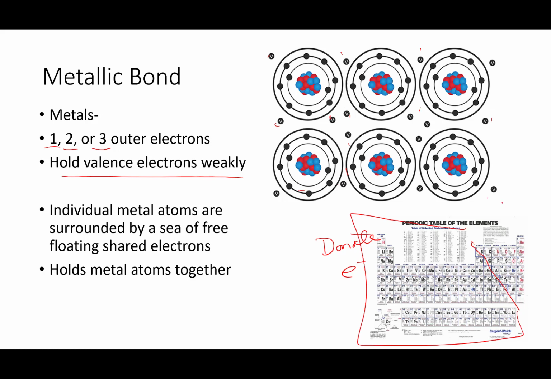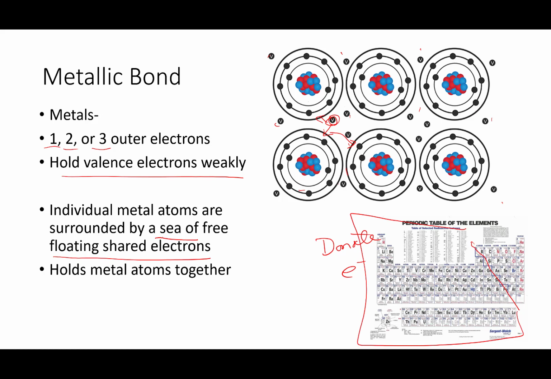If you have a piece of metal, what happens between the individual metallic atoms is there is a sea of free floating electrons. So which atom does that electron belong to? Does it belong to that atom or that atom or that atom? Nobody really knows. The atoms don't know and the electrons don't know.